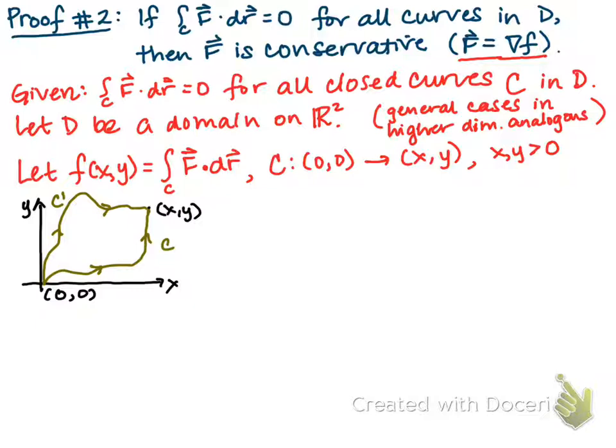I need to show that it doesn't matter which path I pick. So I want to show that those two paths give the same value in my function. That is, the line integral over C of F dot dr is equal to the line integral over C prime of F dot dr.